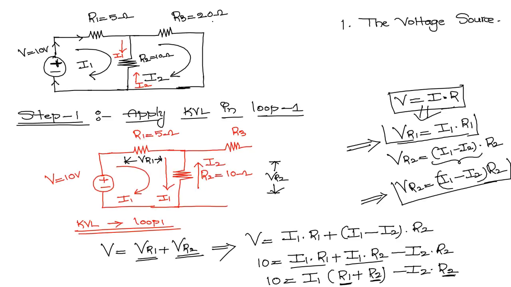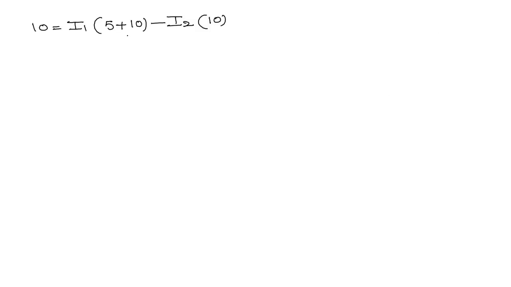Clear? In this network, R1 is 5 ohms, R2 is 10 ohms, R3 is 20 ohms, and we are substituting these values for R1 and R2. So 10 is equal to I1 into 5 plus 10, which is 15, minus I2 into 10. So 10 is equal to 15 I1 minus 10 I2. Clear?